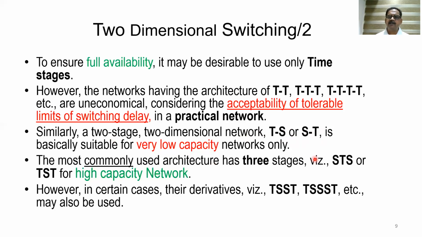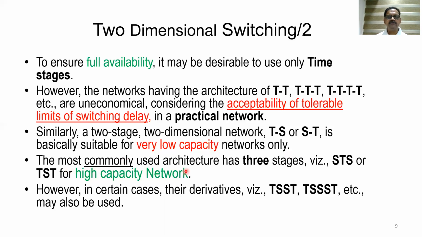So we can deploy a TS or ST model, but they cannot take care of higher capacity, high traffic networks. So they are used for low capacity networks like private branch exchanges, popularly known as PBX.